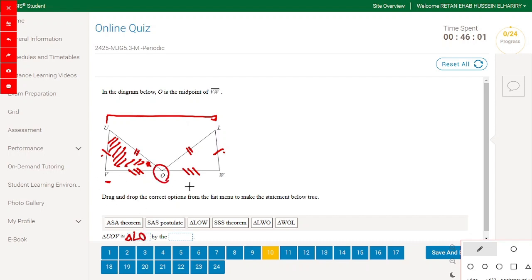And here V will be with W. So triangle LOW is congruent with triangle UOV, and this is congruent by the SSS theorem, side side side. These two sides are equal, these two sides are equal, three sides are equal in both triangles. So that means this is the answer.